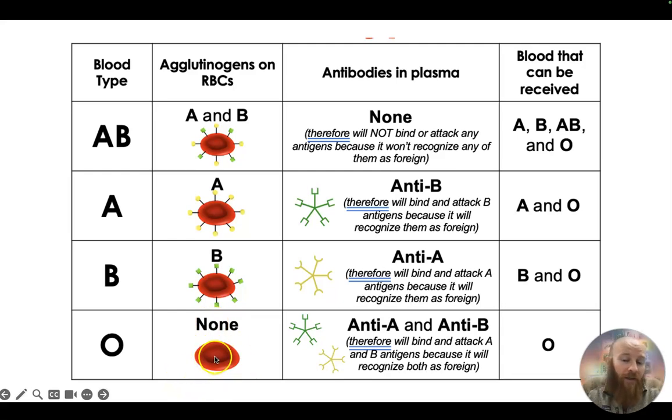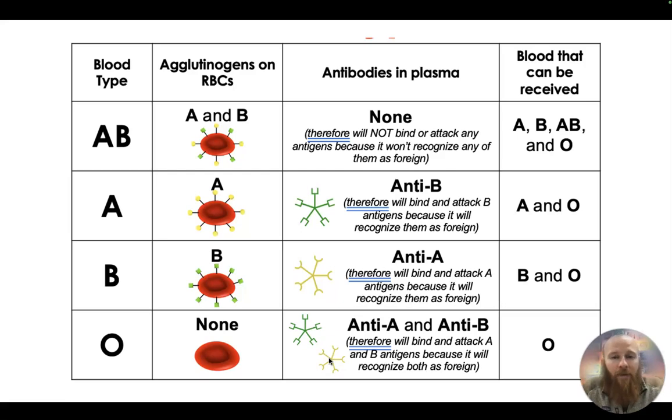And so you're going to end up creating anti-A and anti-B antibodies. If you see A antigens or B antigens in your bloodstream, either of those, both of them, are going to be recognized as foreign, and they will initiate an immune response and be attacked.